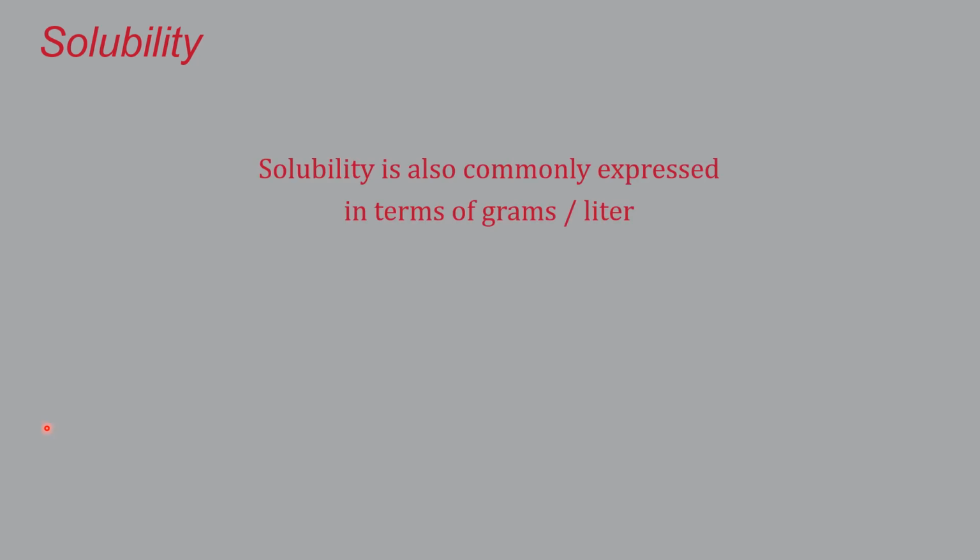Now, just for the sake of completion, grams per liter is also a very, very common way of expressing solubility, and I just want to walk through figuring that out. If you're figuring out the solubility from an ice table, you are likely going to get moles per liter, the molar solubility, because the terms in the equilibrium constants need to be molar concentrations.